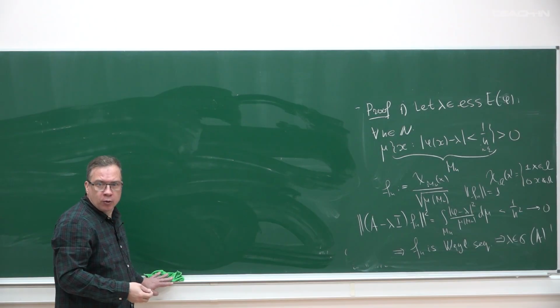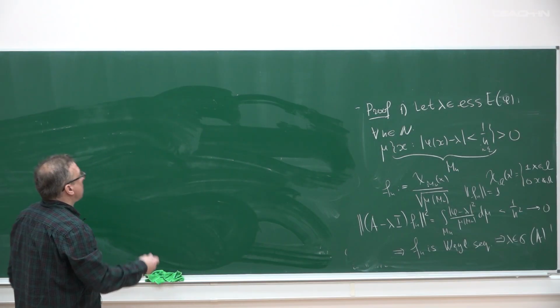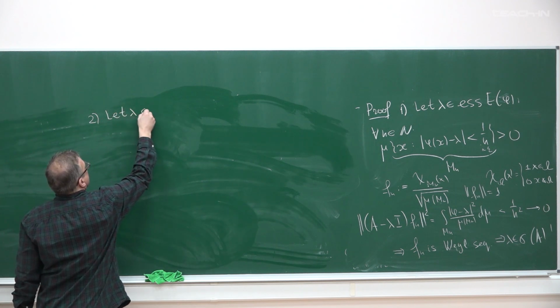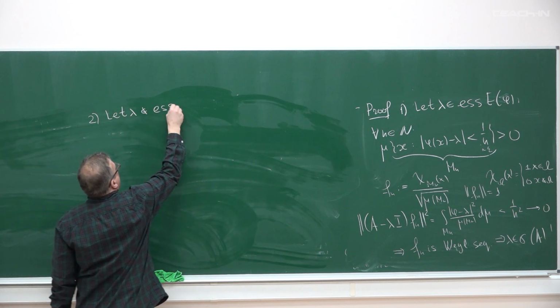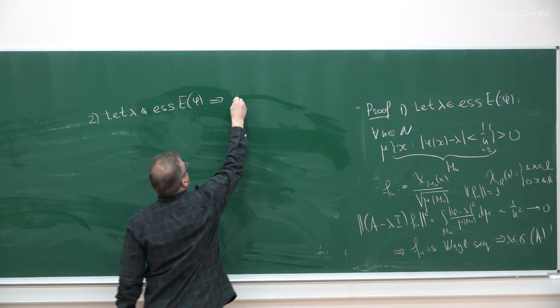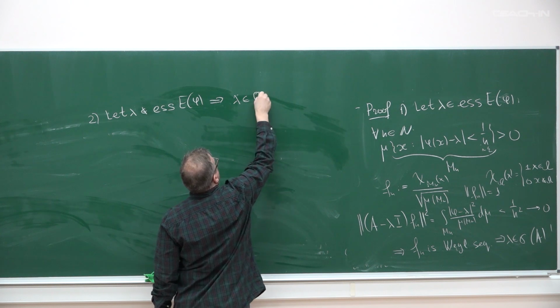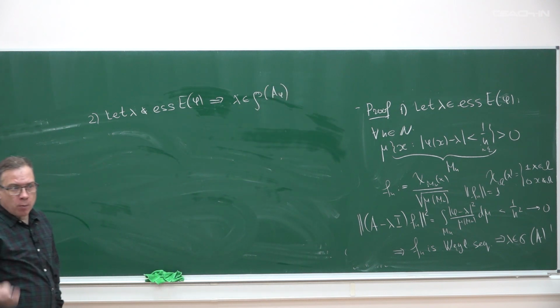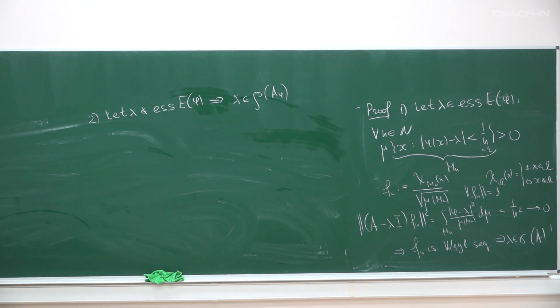And now the proof of the inverse. Second, let lambda not be from S. Let's show that lambda is from the resolvent set of the operator. So combining these two steps, we understand that lambda is in the spectrum if and only if it is an essential value.